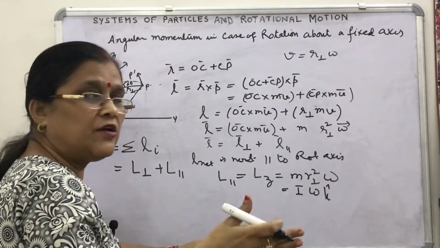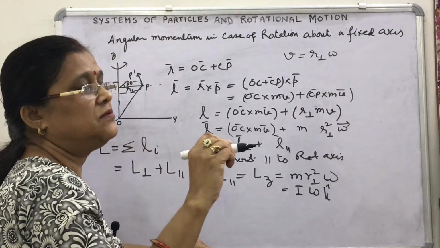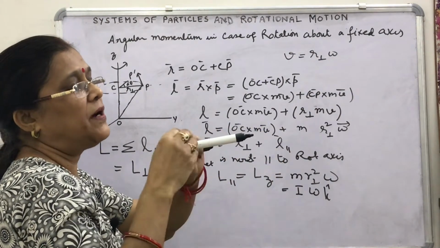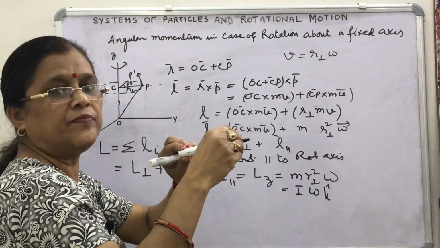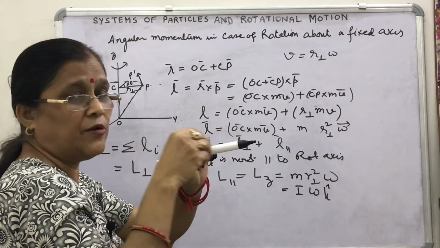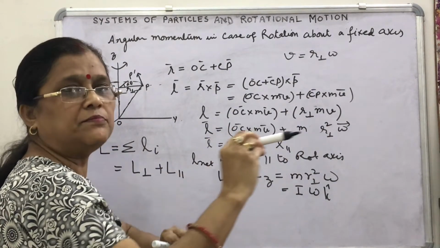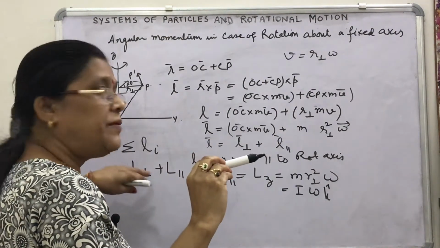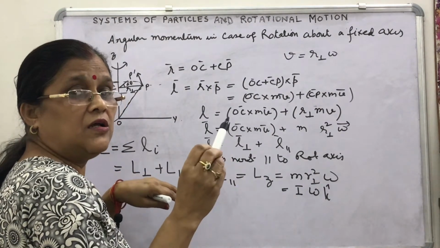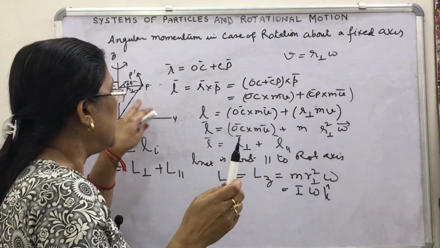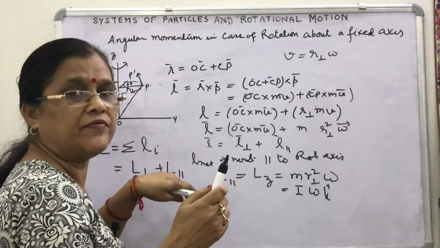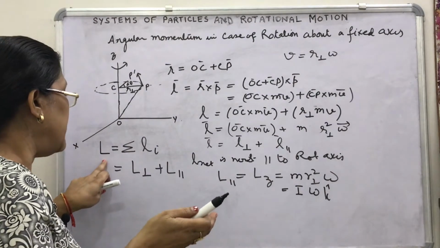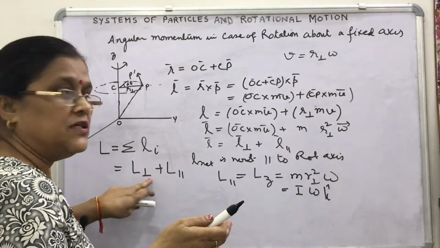In case of linear motion, when the whole body is moving in one direction, all the particles, their velocity and their momentum, are in the same direction, parallel to each other. But here, in case of rotational motion, angular momentum and omega are not the same, they may be different. And here we have seen how the net angular momentum is the vector sum of these two momentums.